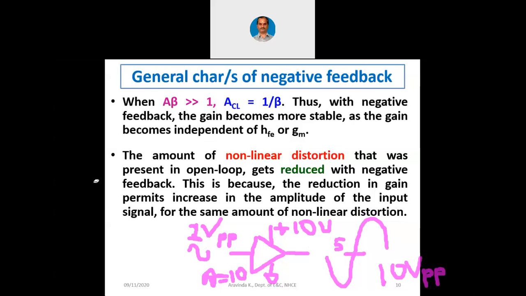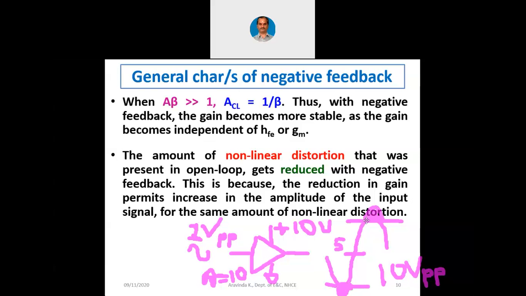Now the signal tries to go beyond 10 volts. Here also the signal tries to go beyond 0 volts. But it is not possible, because it cannot go below 0 and it cannot go above 10 volts. So in this particular portion, the signal gets clipped.